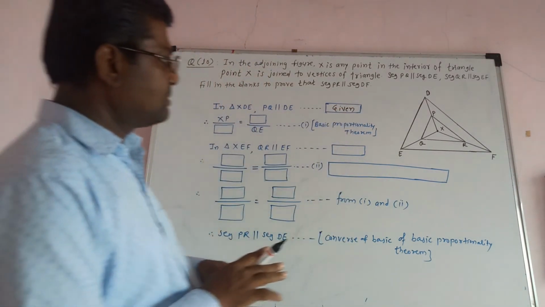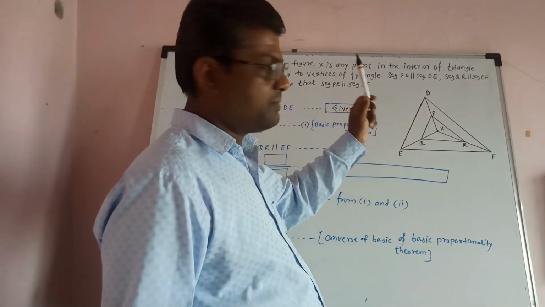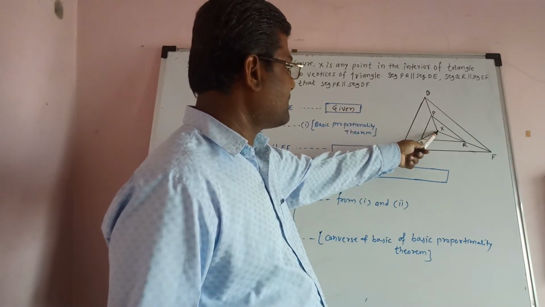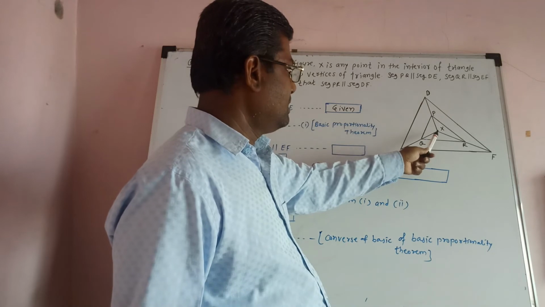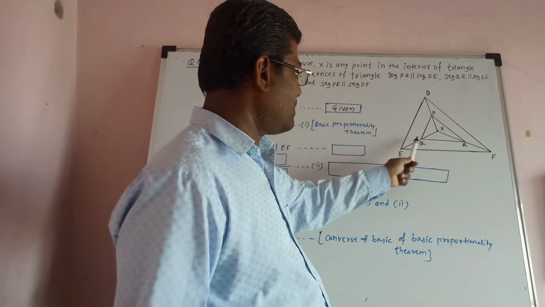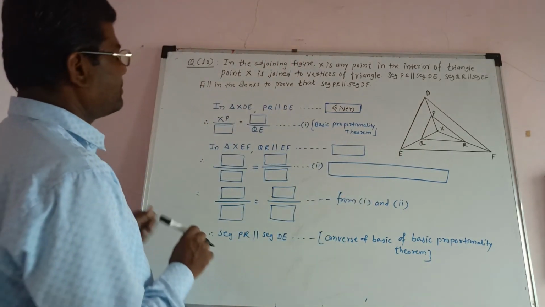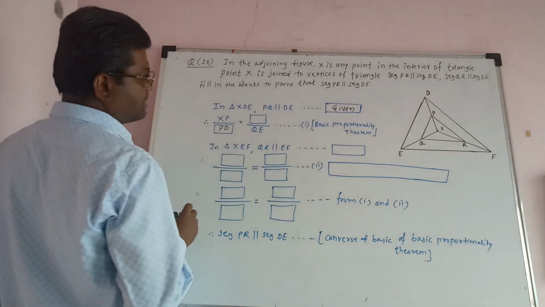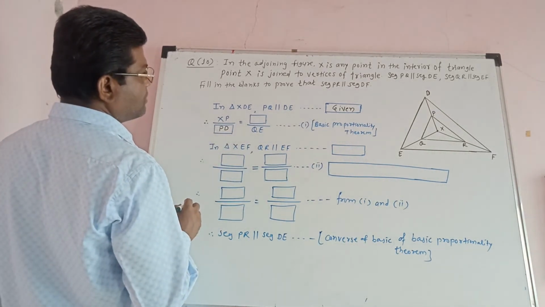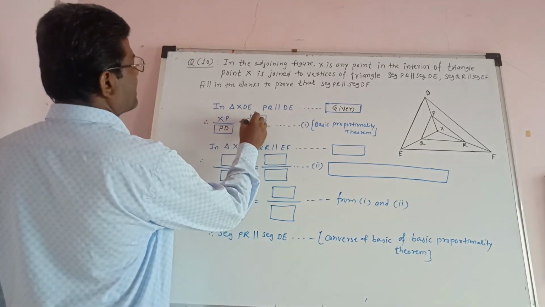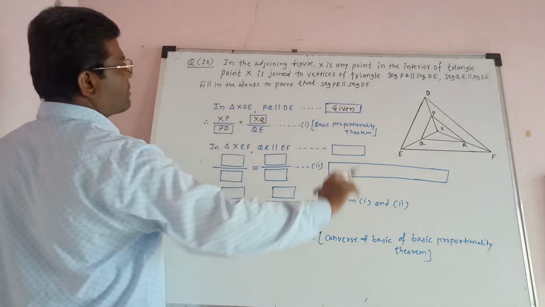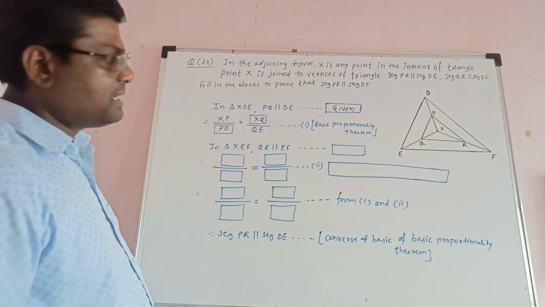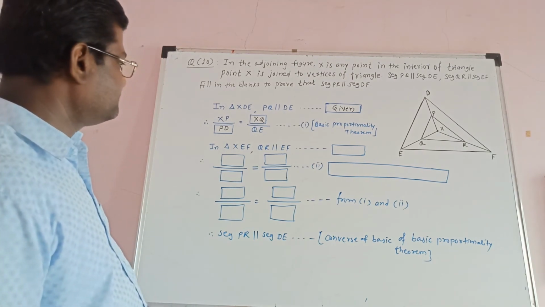Therefore, according to the basic proportionality theorem, XP upon PD is equal to XQ upon QE. Therefore, we write XP upon PD is equal to XQ upon QE. This is equation number 1, according to the basic proportionality theorem.